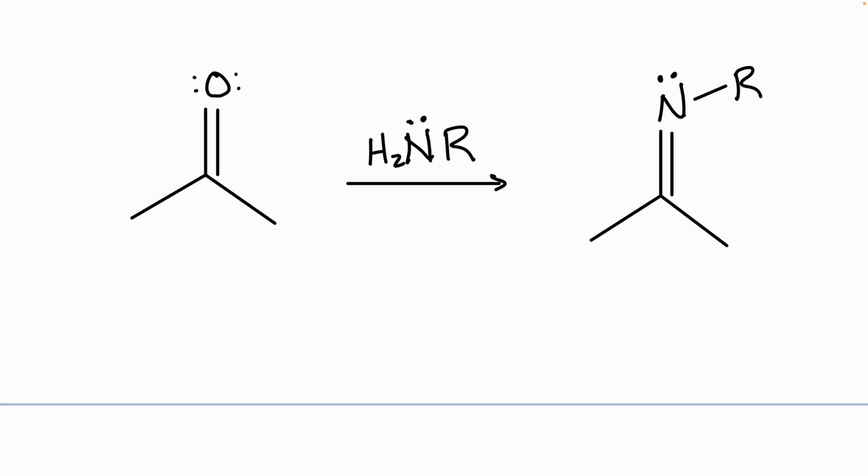All right, we've replaced that carbon-oxygen double bond with a carbon-nitrogen double bond. Again, what we call an imine. All right, and we want to note that this is for primary or ammonia. If it's ammonia, what's that R going to represent? Hydrogen, right? That would be our simplest imine that we could get.